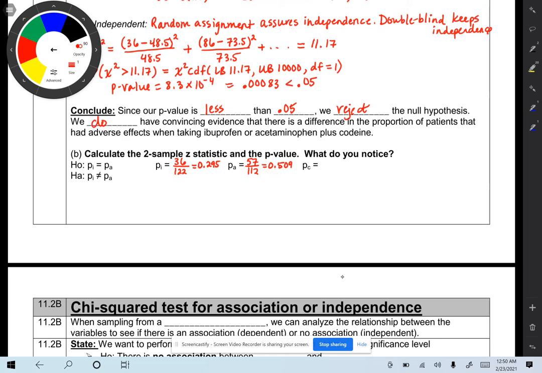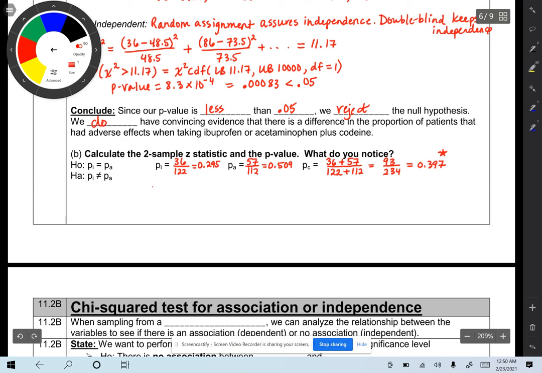So we have 36 plus 57 with adverse effects over the sample sizes of 122 plus 112. And so that gives us 93 over 234, which is 0.397. And we need that when we're doing our z-score.